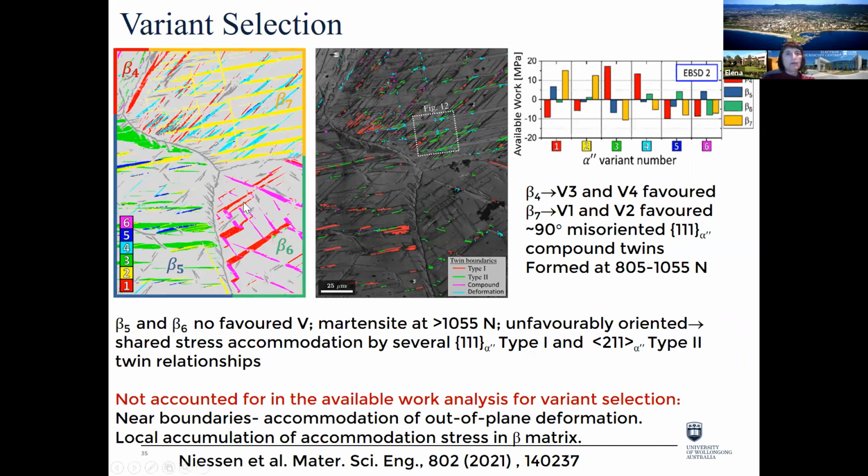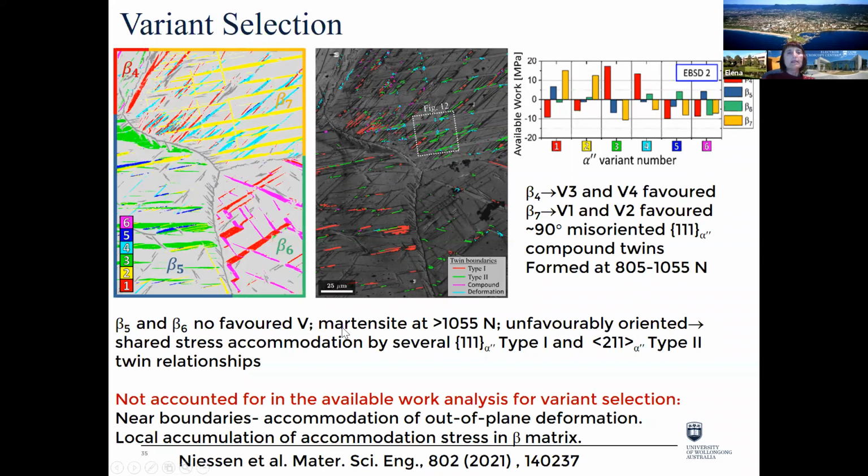In B7, again, variant 1 and variant 2, and they are 1-1-1 compound twins, but they were formed at higher strain levels than the first ones. And what's also happening is that in B5 and B6 grains, the formation of variants started later, as you saw on the video. Hopefully it's rotated, but this is what we observed.